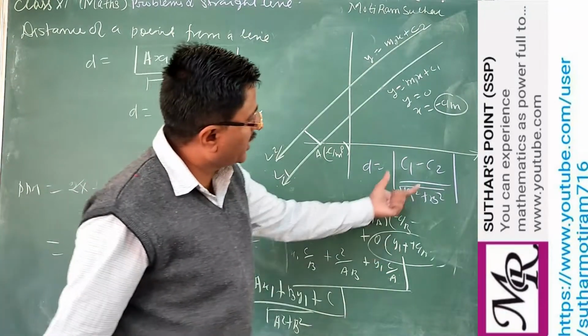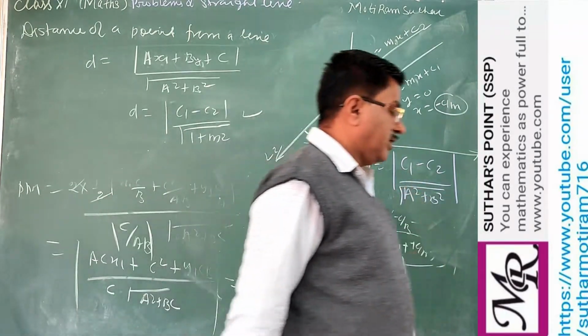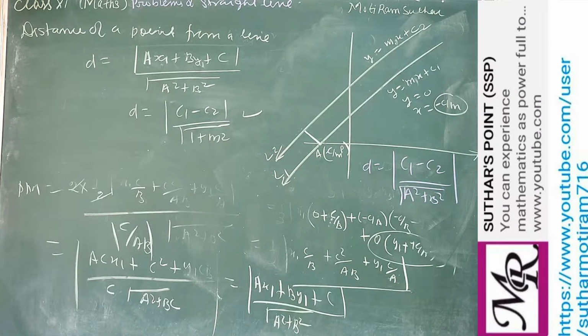And when these two parallel lines are given in normal form, then the distance between the two lines is mod of c1 minus c2 upon root of a square plus b square.